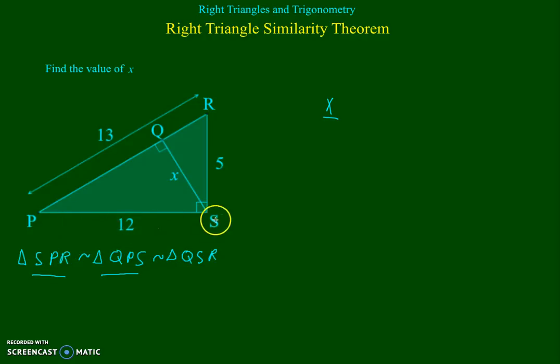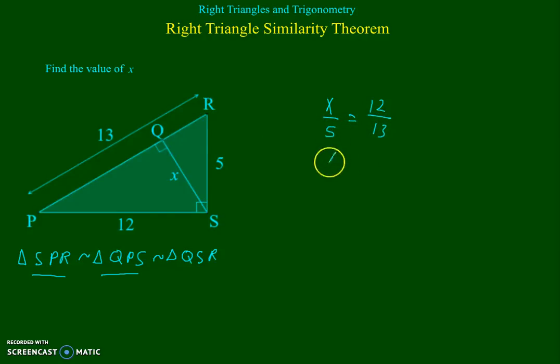SR is 5 in the big one. Go back to the middle triangle, and the only side we know is 12, so we'll put 12 down. And 12 is PS in the middle triangle, which corresponds to PR in the big triangle, and that's 13.